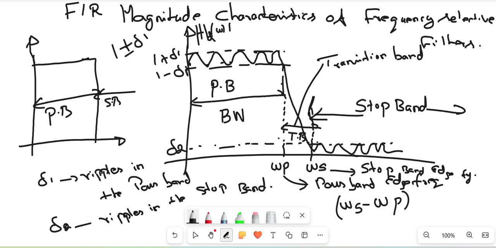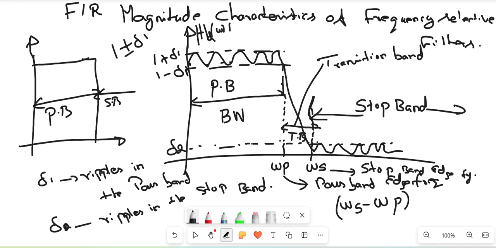Similarly, the ripples in the stop band is denoted by del 2. Normally, to accommodate a large dynamic range for the frequency response of any filter, in common practice we use the logarithmic scale. So, for del 1 you can take 20 log del 1 decibels, similarly for del 2 you can take 20 log del 2 decibels.